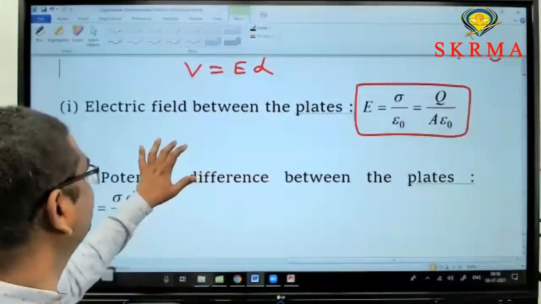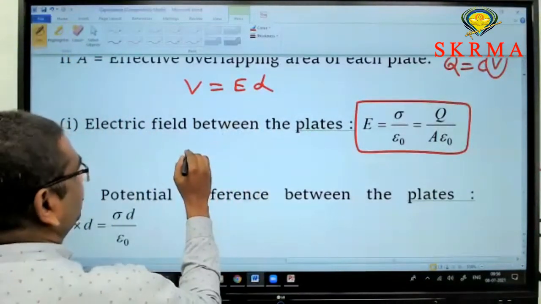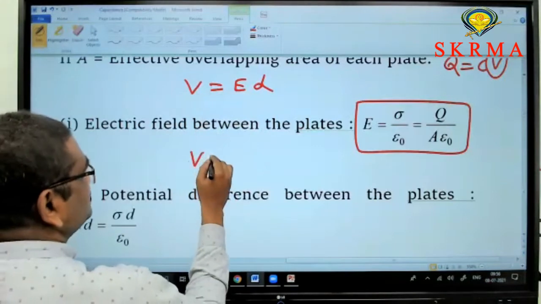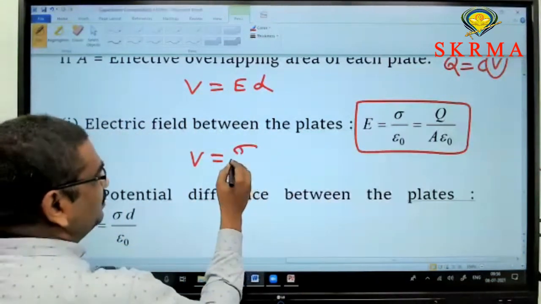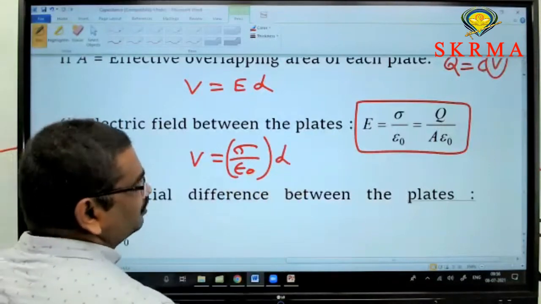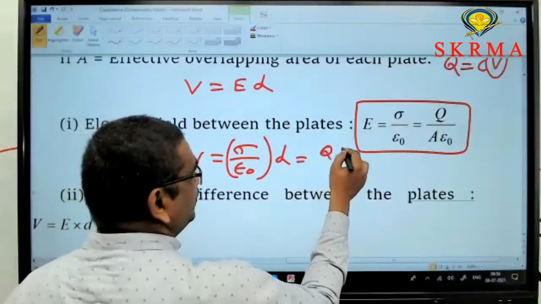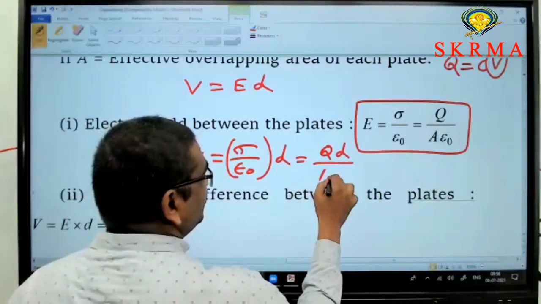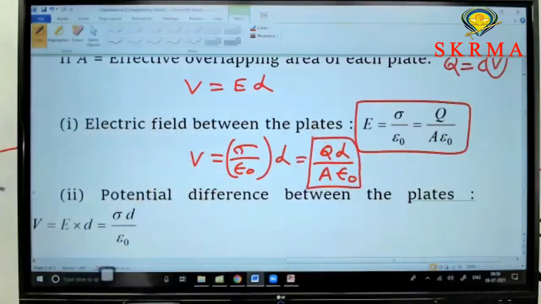Substitute the E value: E is sigma by epsilon naught, into D. Sigma is Q by A, so we get Q into D by A epsilon naught. This is the value of potential.